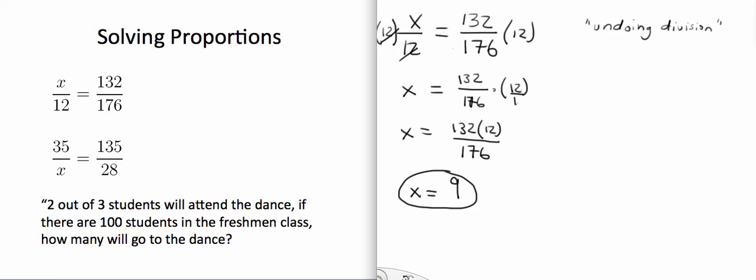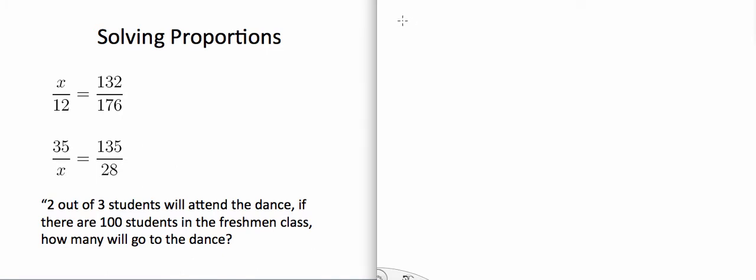Now if we look at this second example, we've got 35 divided by x is equal to 135 divided by 28. What's different between this one and the first problem is the location of our x. Our x is down on the bottom now, so we can't use division yet. So what we need to do is invert our equation.